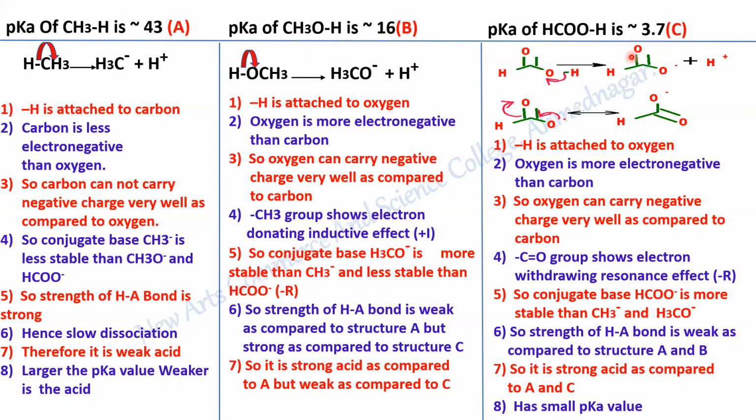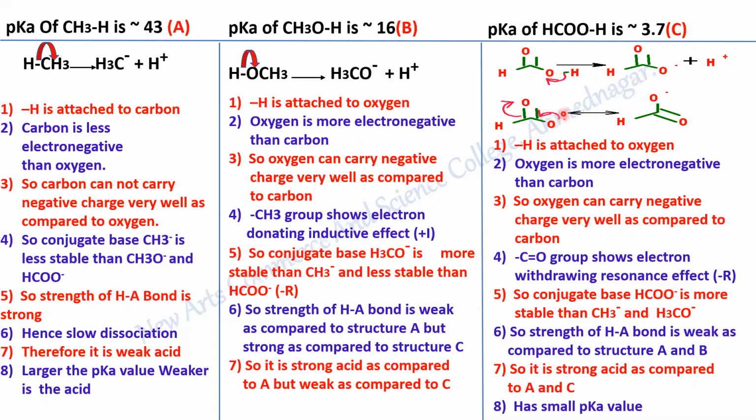But now what happens in the case of methanoic acid, or formic acid? The pKa value still decreases, to 3.7, indicating this is a strong acid as compared to methanol. Now, what is the reason behind it? After the dissociation of the H plus ion, whatever methanoate ion is generated gets stabilized by this type of resonance.